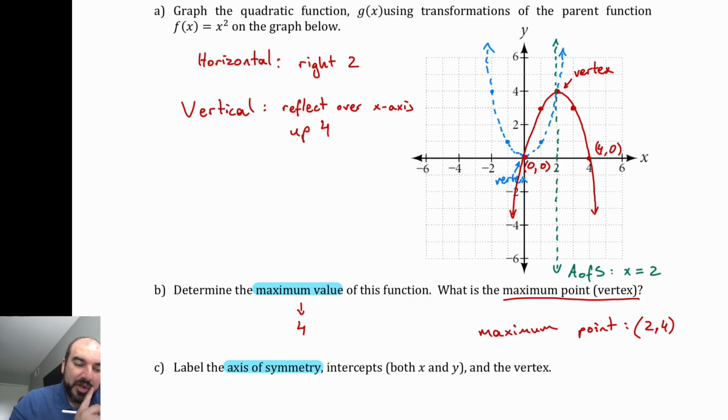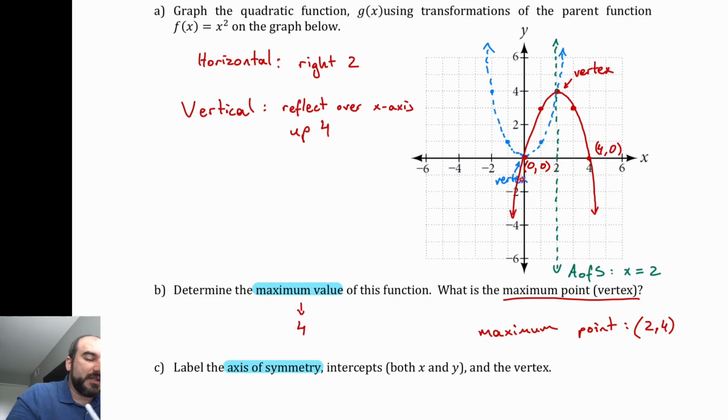Where does my red parabola cross the y-axis? At 0, 0. Good.